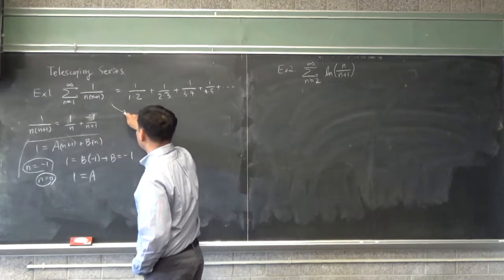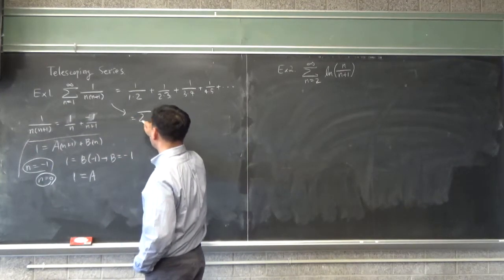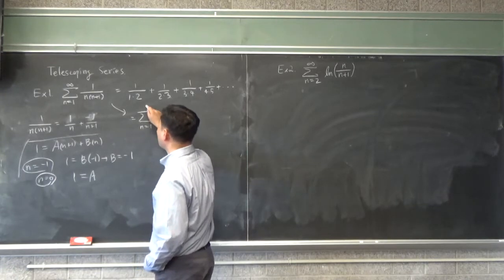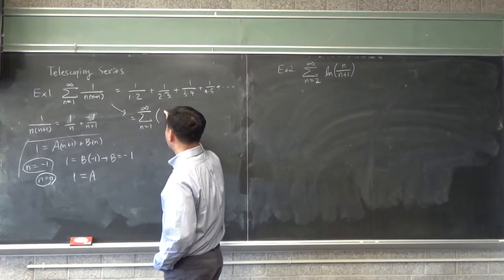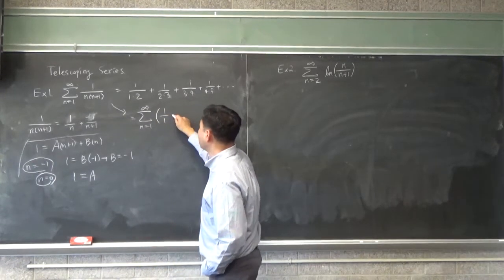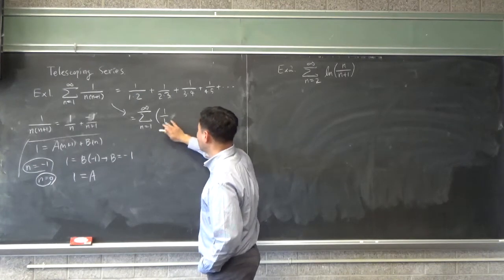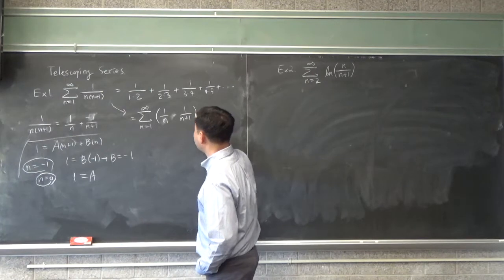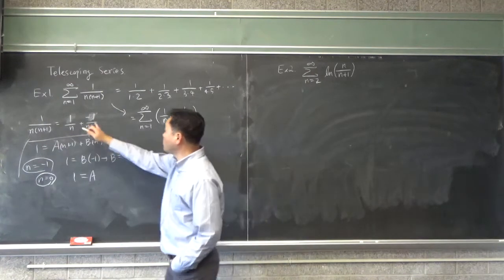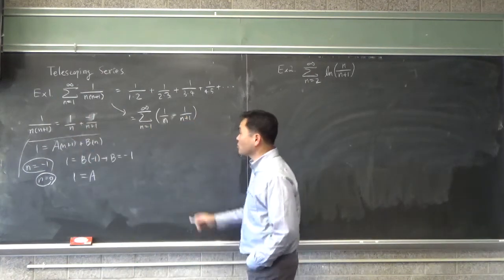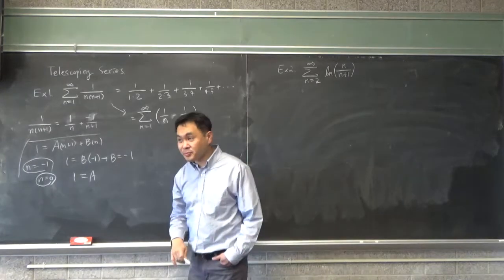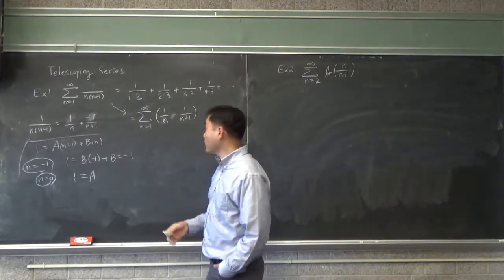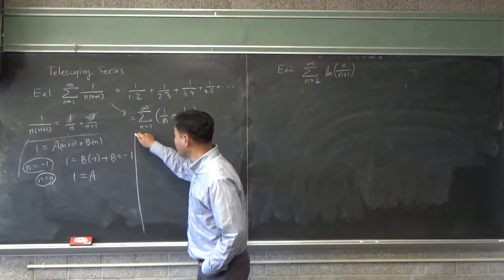So this thing is really the same as the summation of n equals 1 through infinity of 1 over n minus 1 over n plus 1. I just moved the minus here. Those two things are the same. Now let's try to write it out and see what happens, okay?